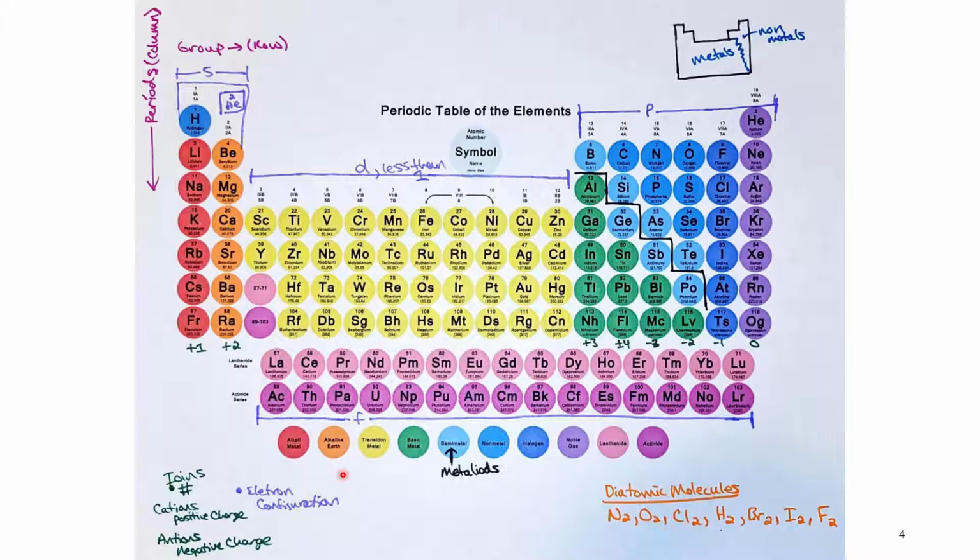And so when you're doing the electron configuration, you'd go 1s2, 2s2, 2p6, 3s2, 3p6, 4s2, 3d10, 4p6, 5s2, 4d10, 5p6. And so that's going to be kind of the form that you would go through trying to do the electron configuration.